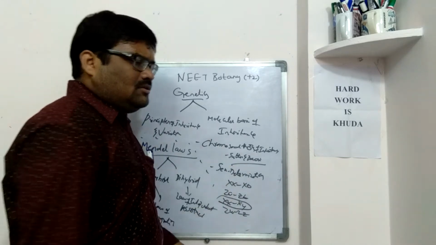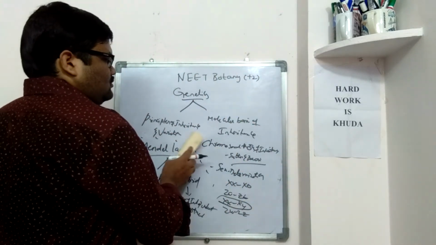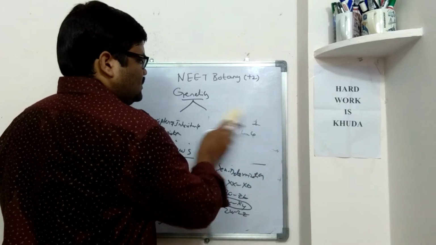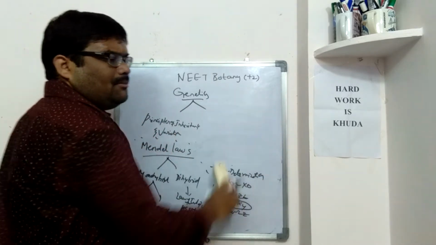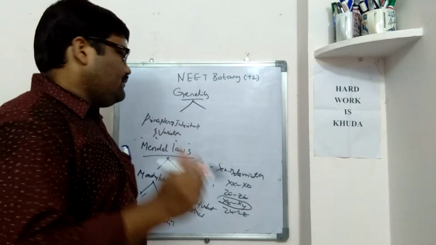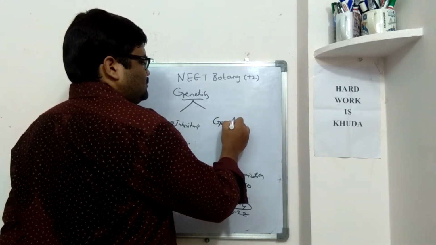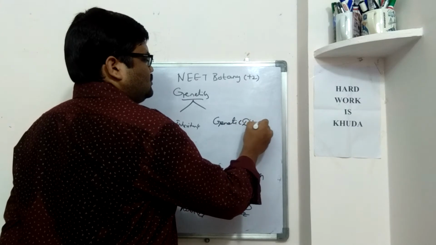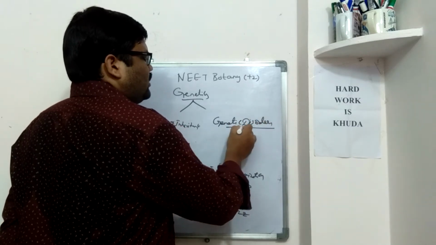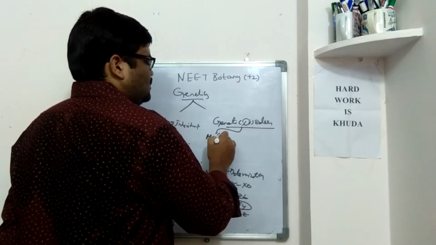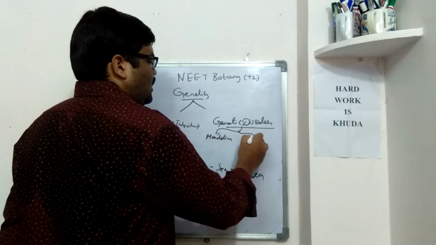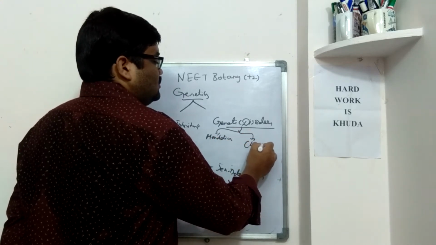Then apart from this, other aspects like genetic disorders. I'm covering broad topics which we have to focus on. Genetic disorders: there are two kinds, Mendelian disorders and chromosomal disorders.